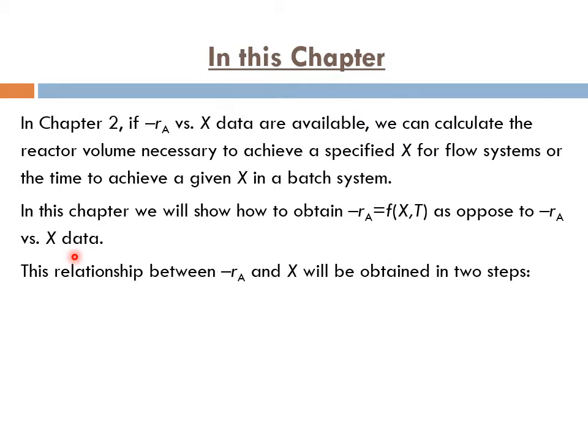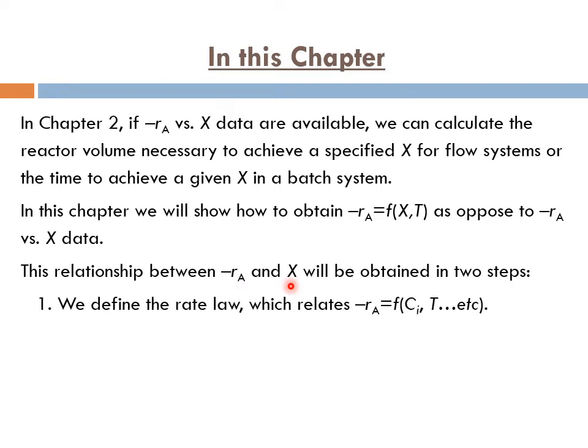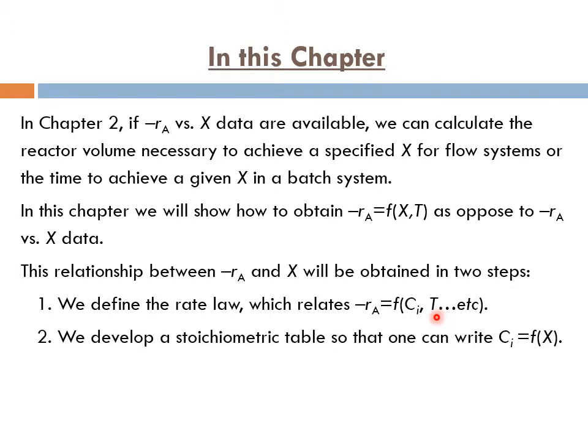This relationship between the rate of reaction and conversion will be obtained in two steps. First, we're going to define the rate law, which relates the rate of reaction to concentration and temperature.